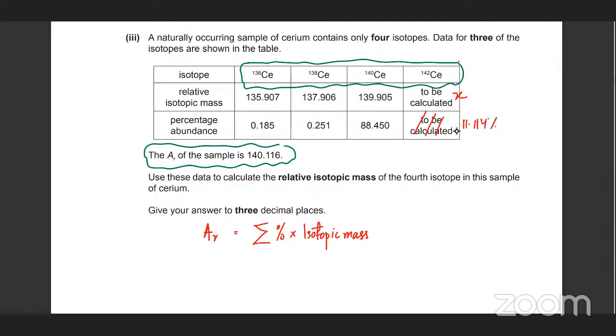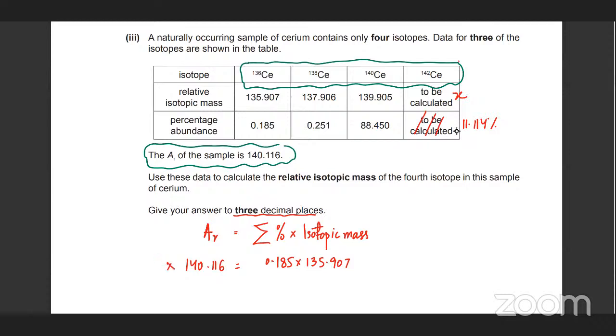Yeah. And remember, you have to follow the instructions. Keep everything to 3 decimal places. So that's 11.114%. तो अब आगे कर लो कि the AR is already known. That's 140.116, and what you have to do is 0.185% into 135.907, and this is going to be divided by 100.